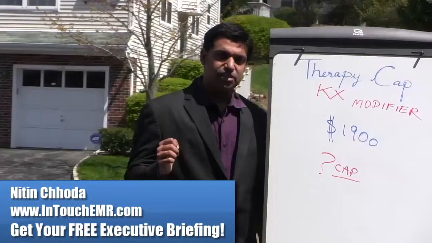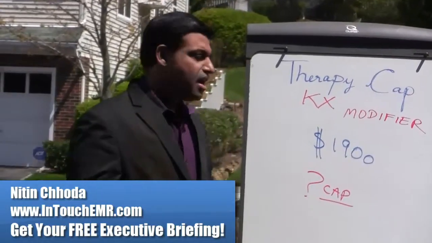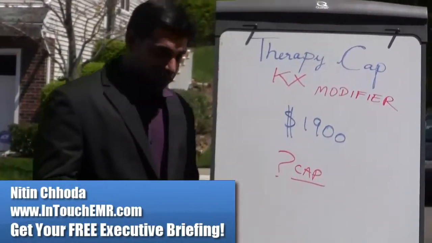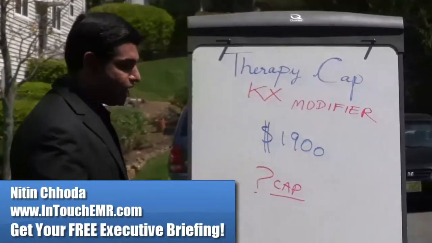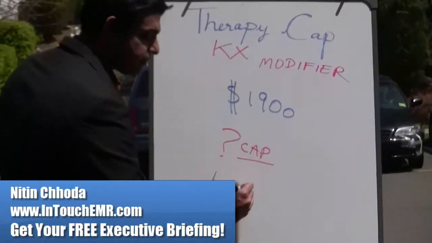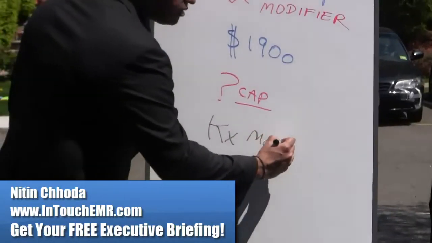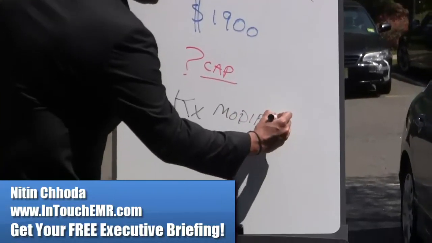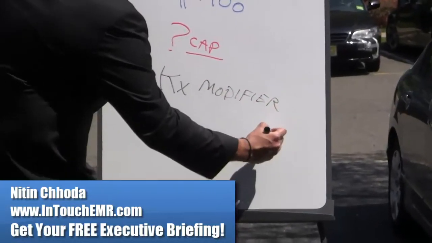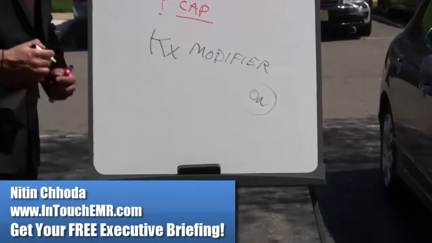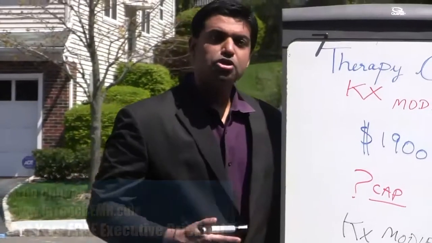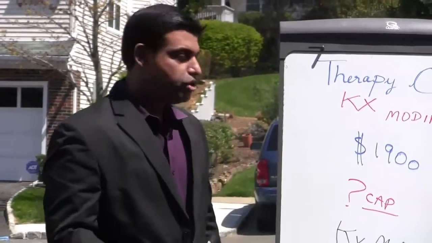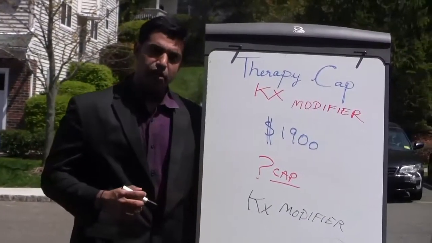You as a practice should at the minimum have the ability within the system to just turn on the KX modifier. So your system should just say KX modifier on or off. And then once you turn the KX modifier on, the EMR system should automatically apply the KX modifier to the amount going forward after the $1,900 therapy cap.